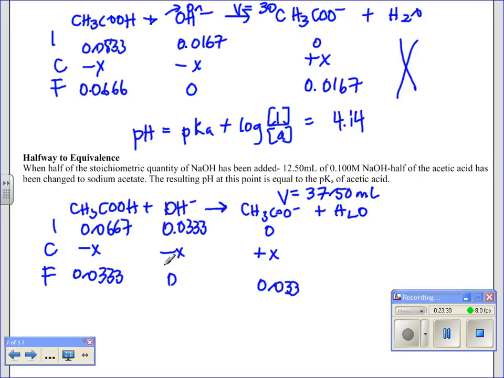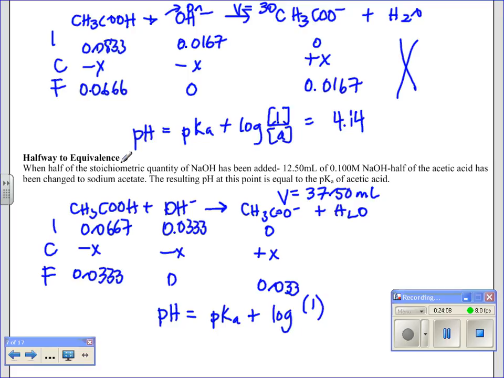This is a particularly important point of the buffer though, because at this point in the titration, the concentration of the acetate is equal to the concentration of the vinegar. When we use the Henderson-Hasselbalch equation, the log portion is equal to 0, because if our base concentration and our acid concentration are equal, then we'll have log of 1, which is equal to 0.